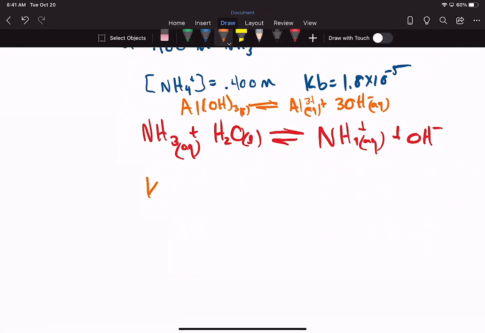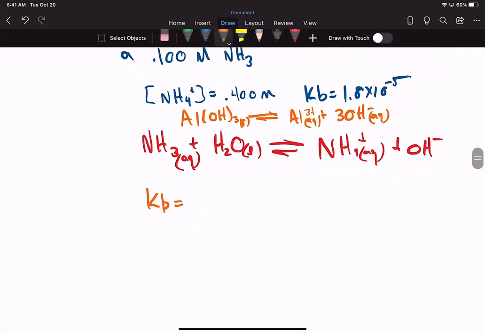We're given the Kb, so let's look at that first. Kb is equal to the concentration of NH4 plus times the concentration of hydroxide, over the concentration of NH3.